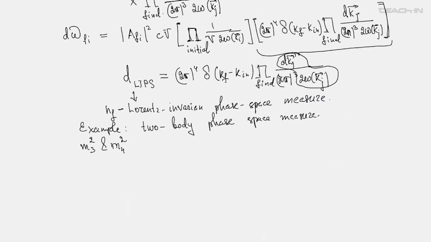Okay, so two-body phase space measure. We assume that in the final state we will have two particles with masses m3 squared and m4 squared.